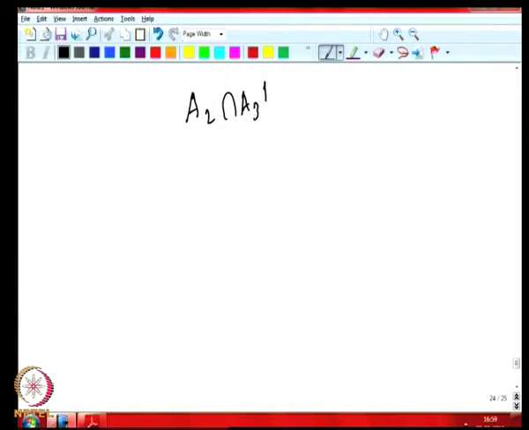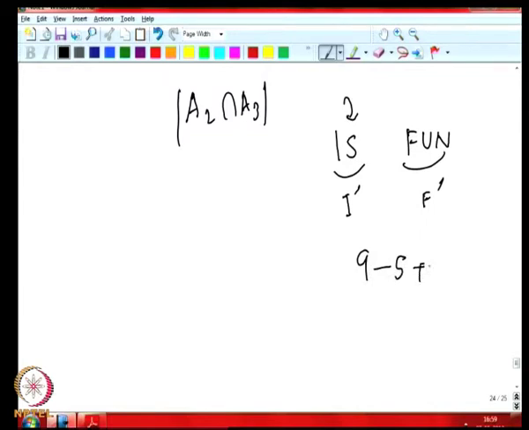Because is should come consecutively and fun should come consecutively, the same technique applies. So we substitute this with I dash and this with f dash. So that is 9 minus 5 plus 2, total 6 factorial ways we can do, right.